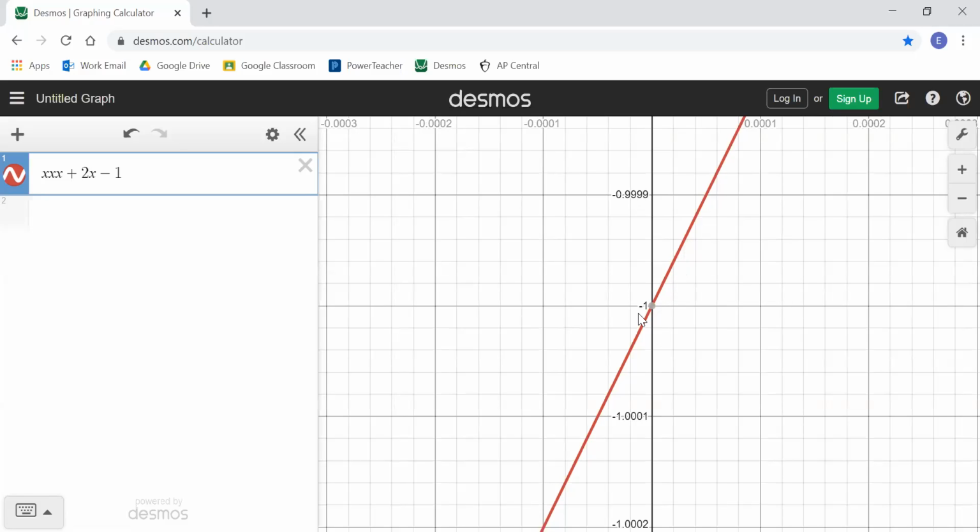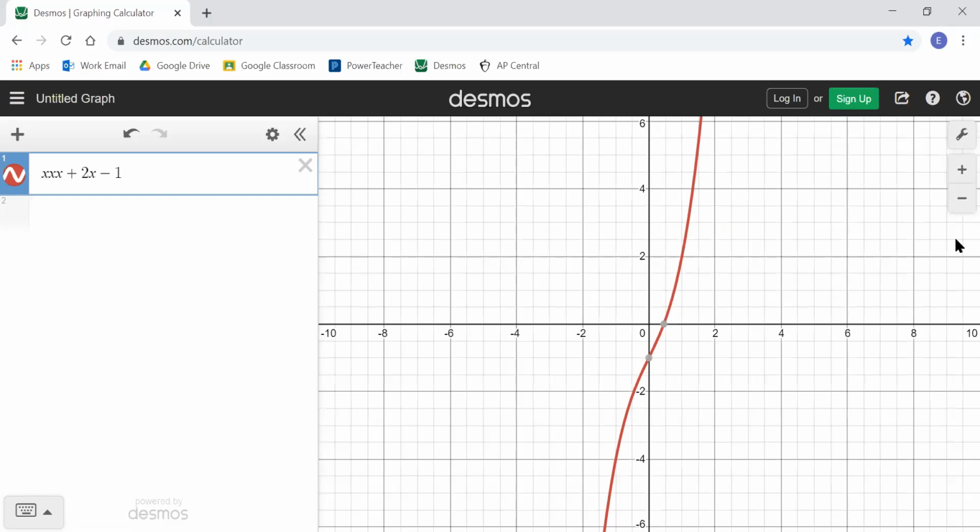You see how the function begins to resemble the line right next to it? If I drew a line between, say, this point and this point, would you see much of a difference between the cubic and the linear function? No, probably not, right?